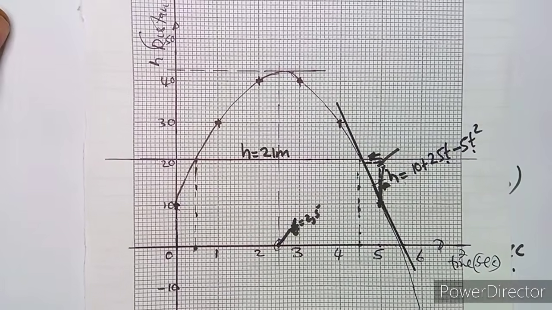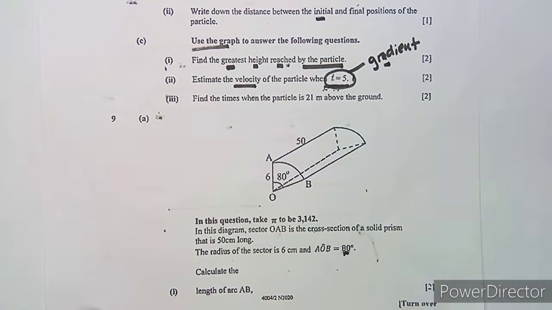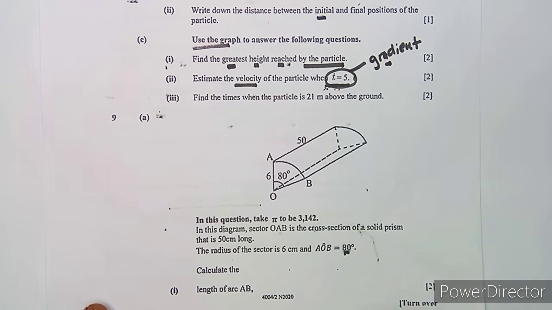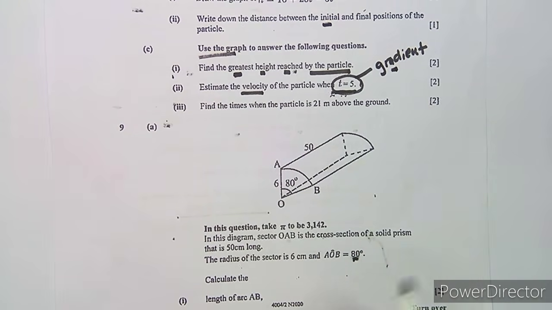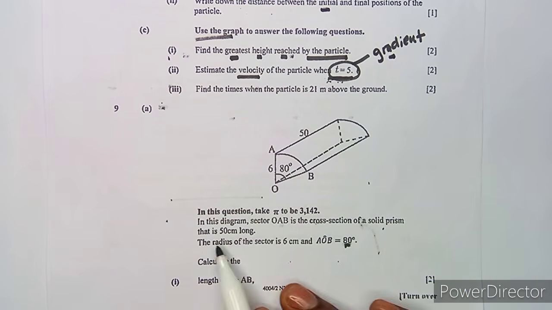We can see another question. On number 9, we are given the cross section of a solid prism. So this is a solid prism, as you can see, that is 50 centimeters long.